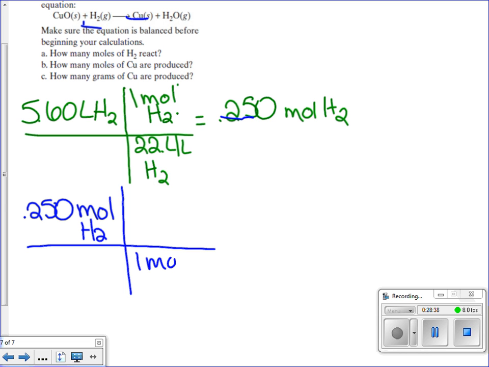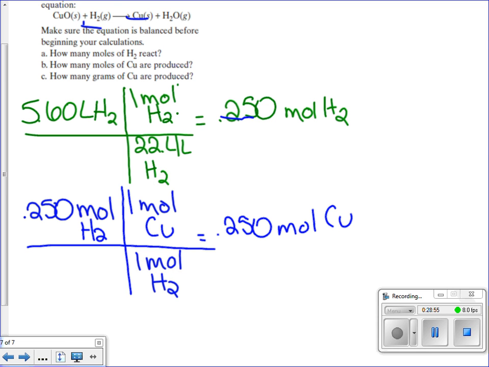So 1 mole of H2 on the bottom, 1 mole of copper on the top. We've got the correct units for the correct elements, so we can plug this in, and then we get 0.250 moles of copper. Easily done in your head, but remember, you've got to show the work. I've got to see that this made sense to you.